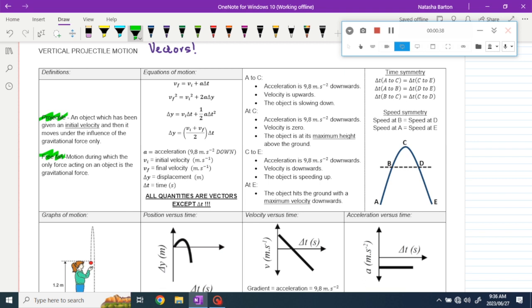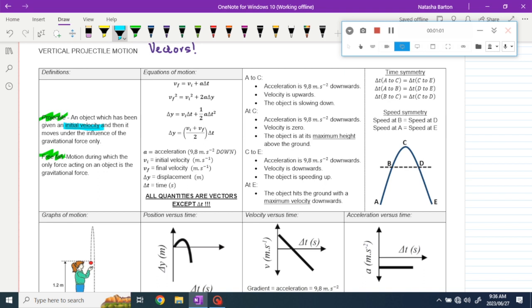And it doesn't only mean we are throwing it up. You can also throw something down. And in that case, it would be a projectile. So in the definition of the projectile, you're going to see an object which has been given an initial velocity, and then after that, everything flows like free fall, and then moves under the influence of gravitational force.